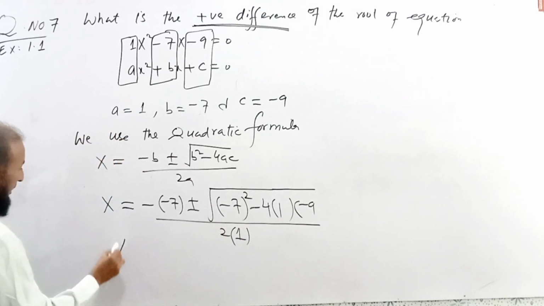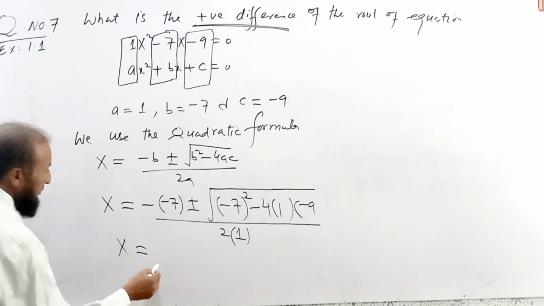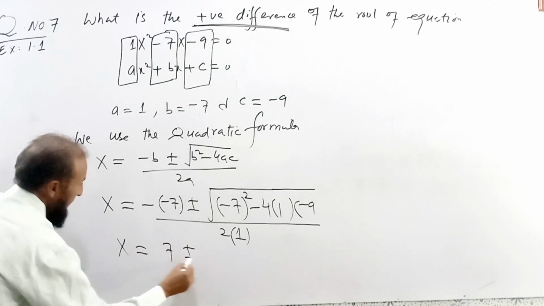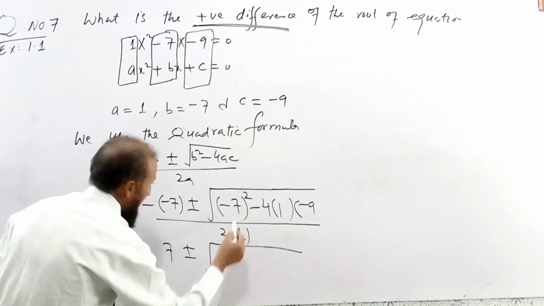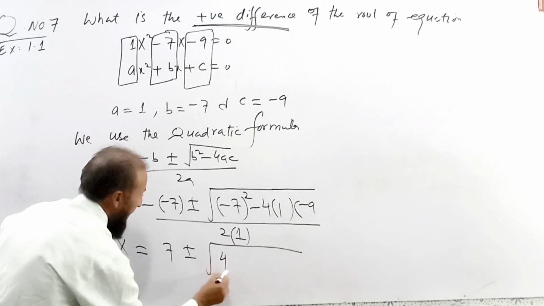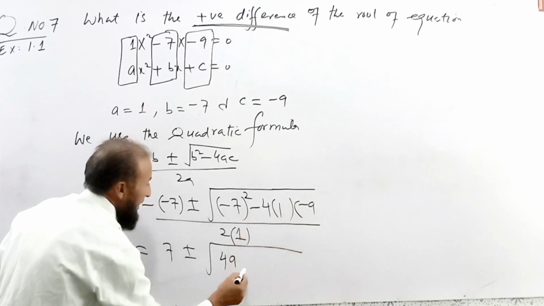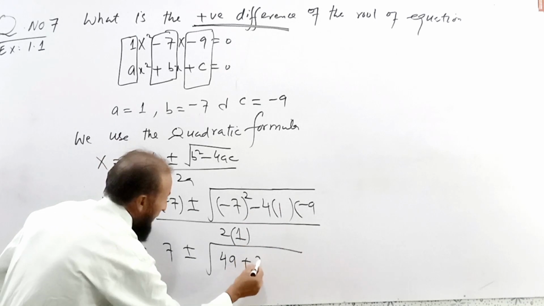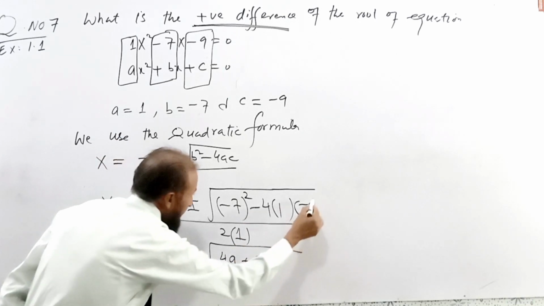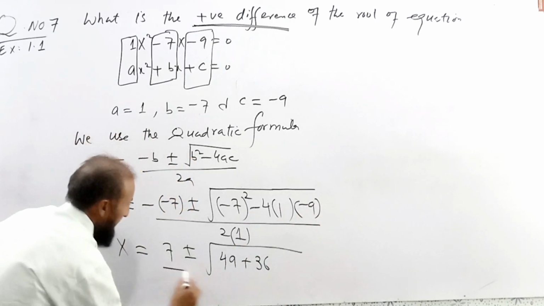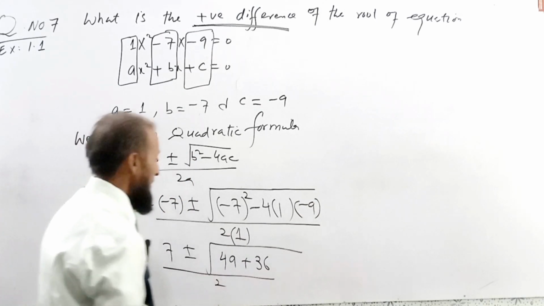Now simplify this term. x is equal to minus into minus gives plus 7. Minus 7 square gives 49, and minus into minus gives plus 36, divided by 2.